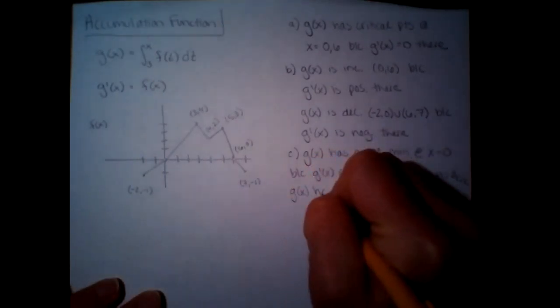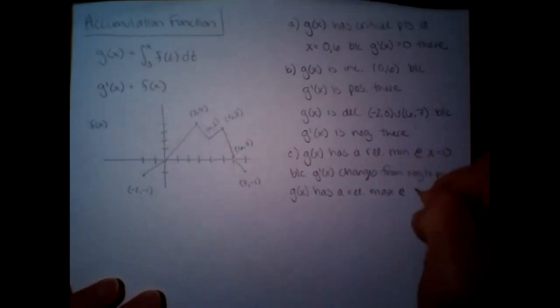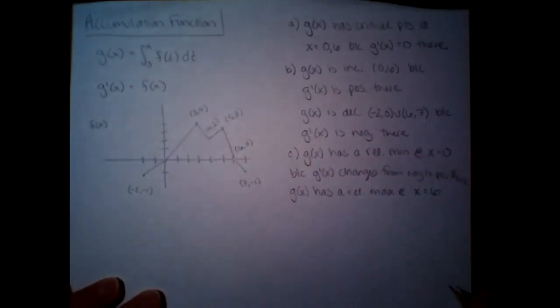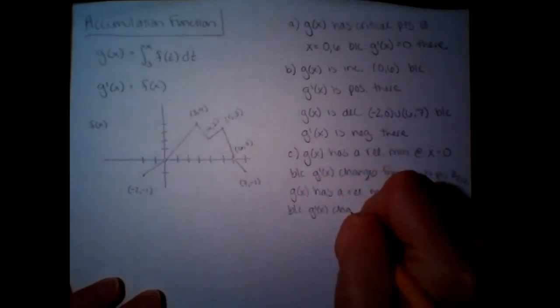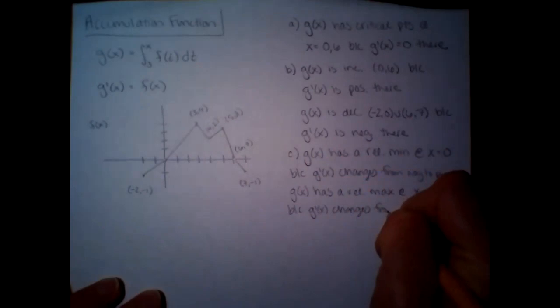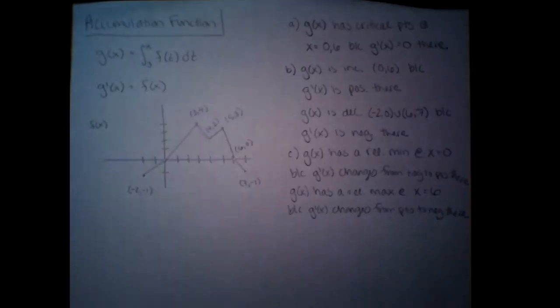So G of X has a relative maximum at X equals 6 because derivative changes from positive to negative there. I know it's a bit of writing, but you'll be okay. And those are the answers. I can't really change them.